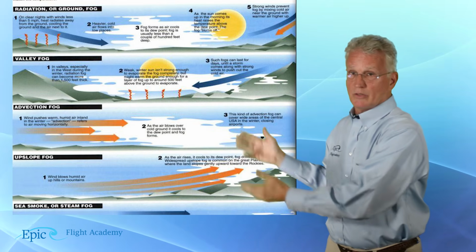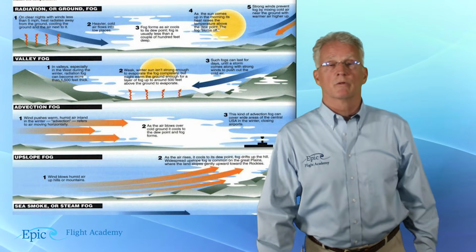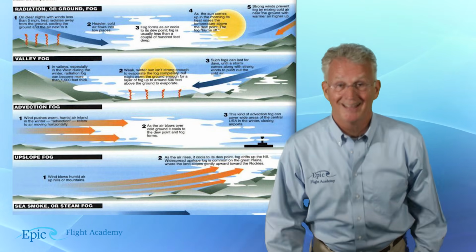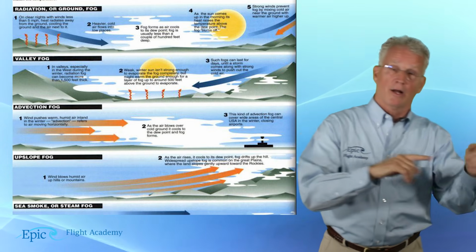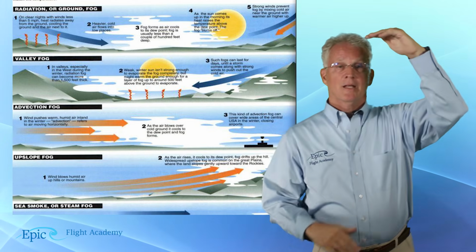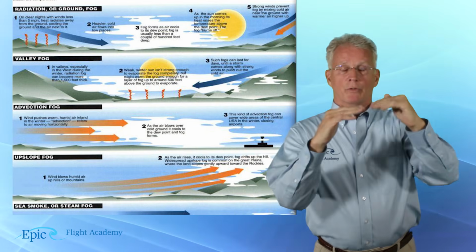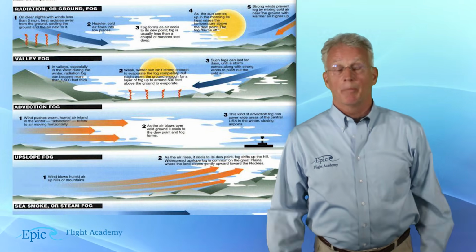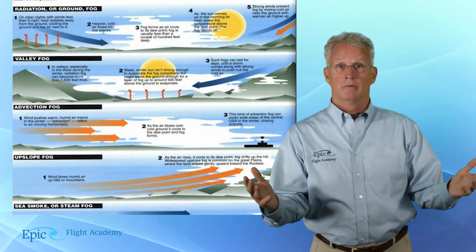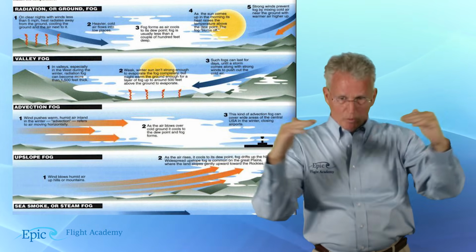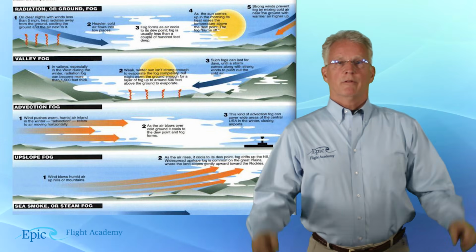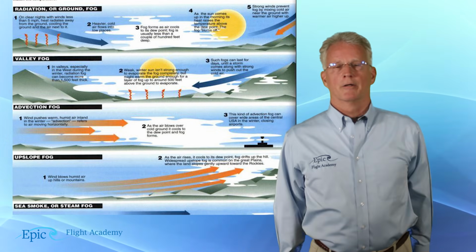Now, when you look at these five examples and review this with your flight instructor, you're going to see that in each example, one or the other of those is happening. The temperature's dropping or the dew point is coming up. And in some cases, both the temperature drops and the dew point comes up. When those reach the same level, folks, fog.